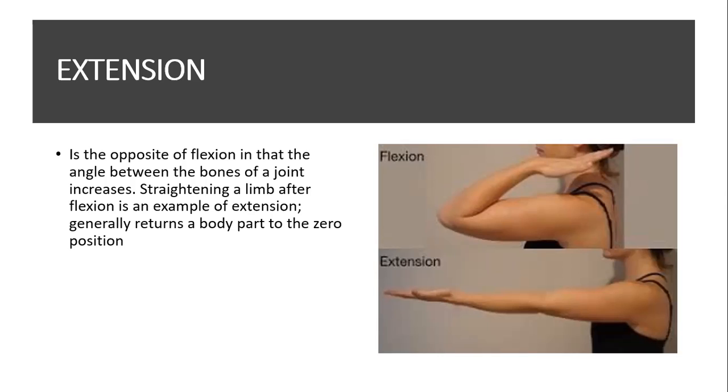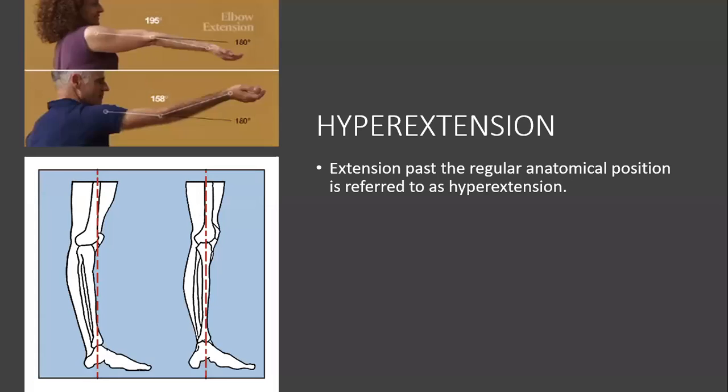And ankle extension has a special name, and we will talk about that in a bit. We do have a special movement known as hyperextension. Some people, and you might have heard this as double jointed, have more extension, and you'll see this usually in the elbow.